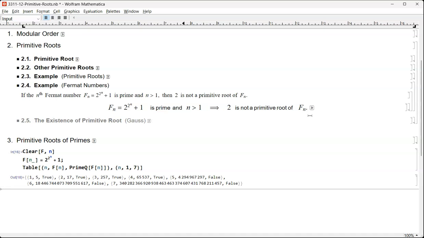Let's see. When n is 1, then F1 is 5. In that case, I think 2 is a primitive root.